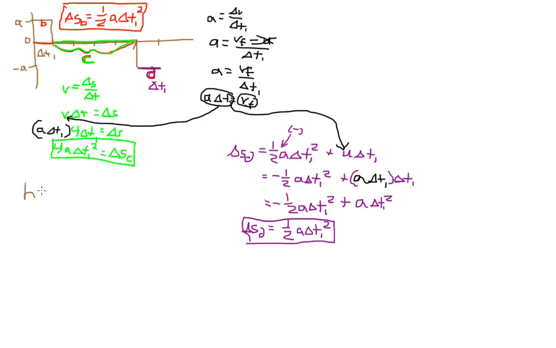The height of this building is, I'll use the same color here, delta SB plus delta SC plus delta SD. So it's this plus this plus this. That should be the height. That should make sense. It's the displacement in all those different categories. This is the height, I'm sorry, not the height of the building, but the height at which the elevator goes up for 6 floors. That's what it says in the problem.